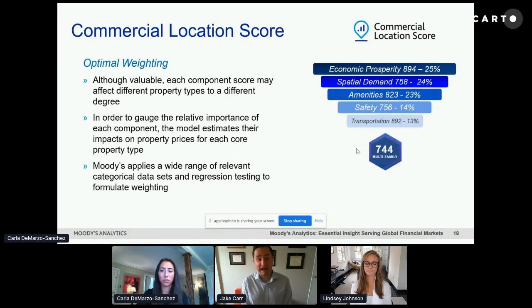And as I said at the top, each property segment, multifamily, office, retail, what have you, responds and reacts to those market conditions differently. And so we've run 5 distinct separate calibration regression exercises, producing a set of 5 distinct weights. And then at the end of the day, all that remains is taking those weights as given.